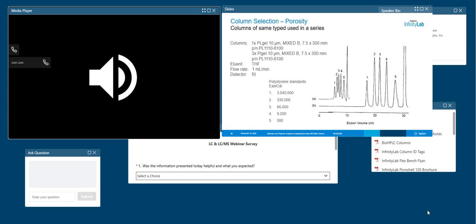With using the mixed columns, as we stated, it's recommended to use columns of the same type together in series. So next we have a series of 3 mixed columns together in series, and we have no mismatch of our columns. We have more pore volume now for our separation, and as a result, we see much improved resolution for our polystyrene standard peaks.